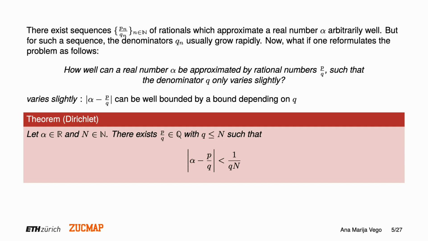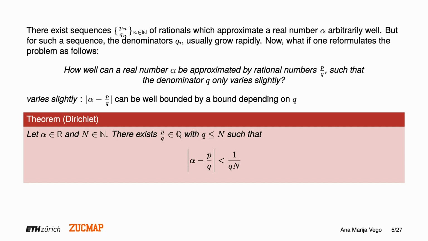So we can bound this distance from above by 1 over qn. And since q is smaller or equal to n, this also tells us that this distance on the left side is smaller than 1 over q squared.